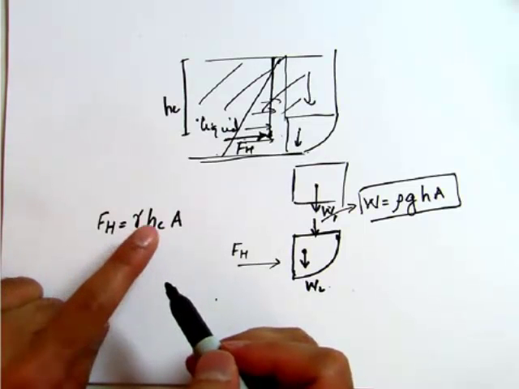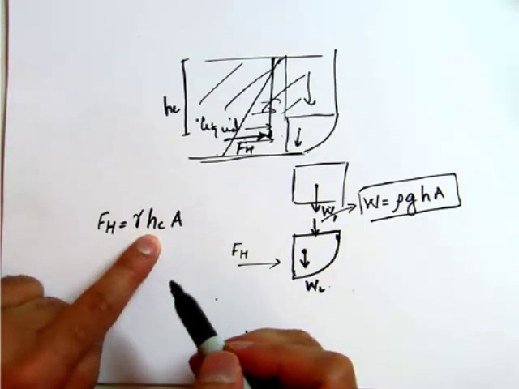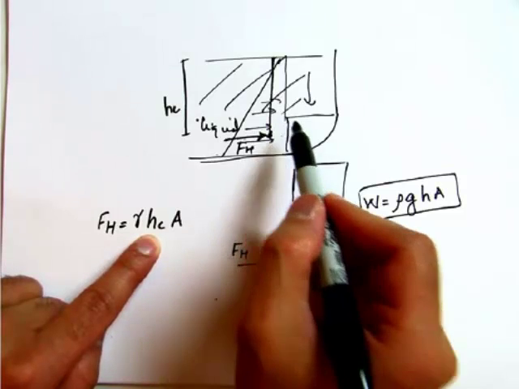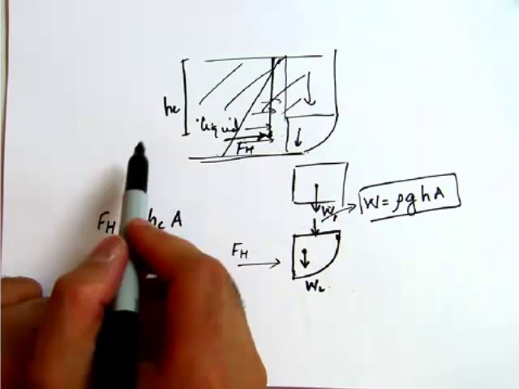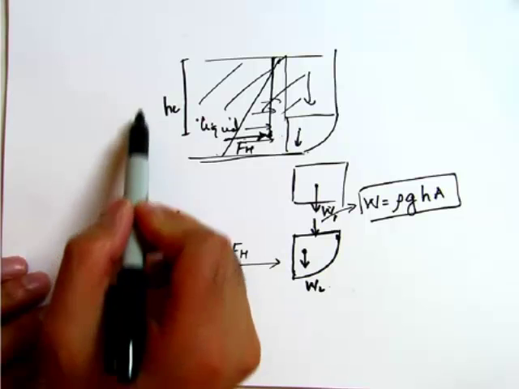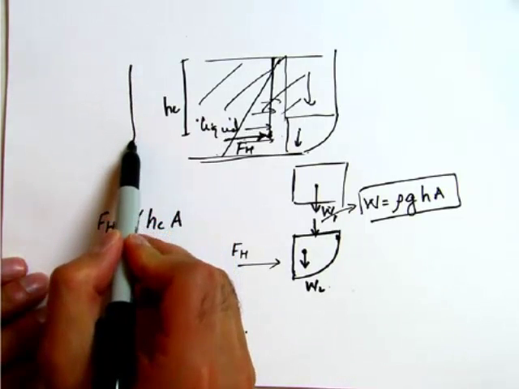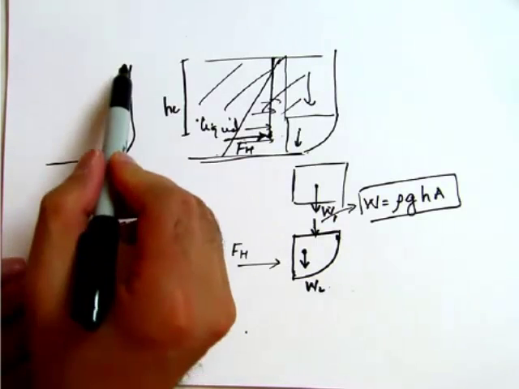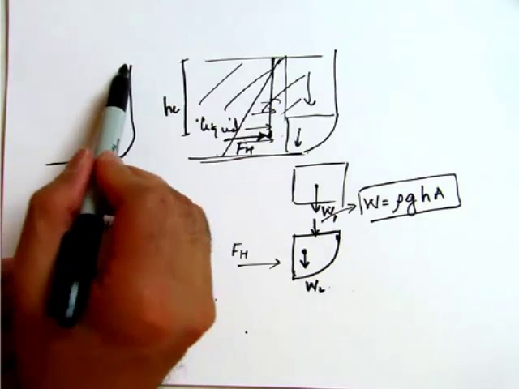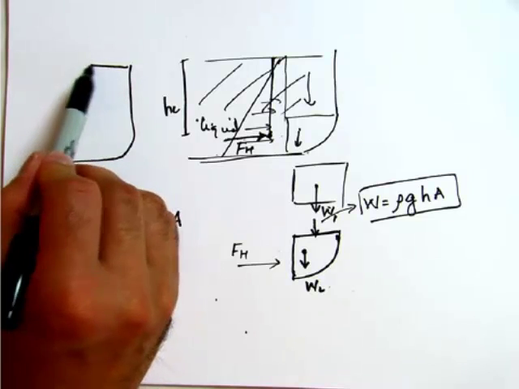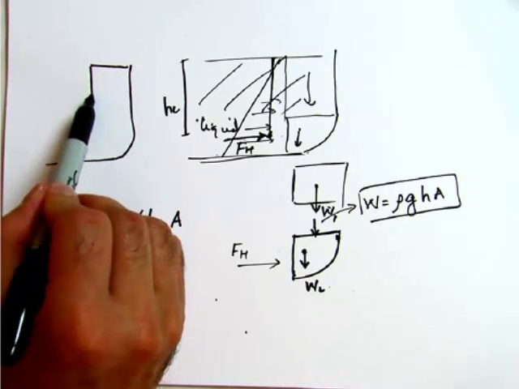And just to mention this hc, if you look at this object over here, this fluid, let me in fact draw the same thing over here now. This has some width. Anytime you have an object, it will have some width.